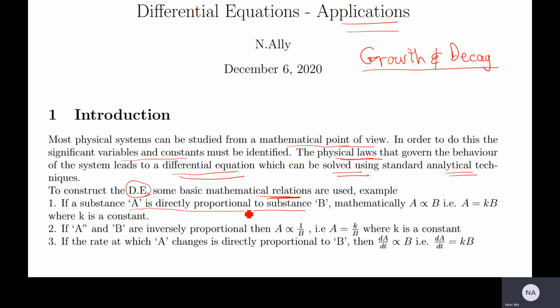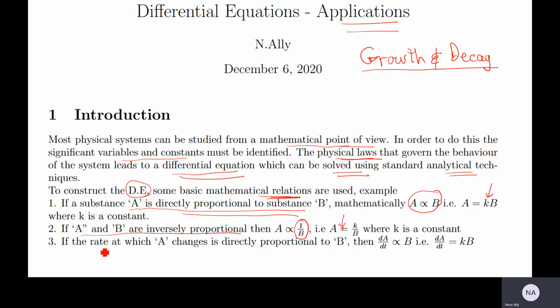If A is directly proportional to B, how do we write that? A proportional to B. How do we formulate an equation? We introduce a constant and we say A is equal to K times B. If A and B are inversely proportional, we say A is proportional to 1 over B, introduce a constant to make it an equal sign, A is equal to K over B.